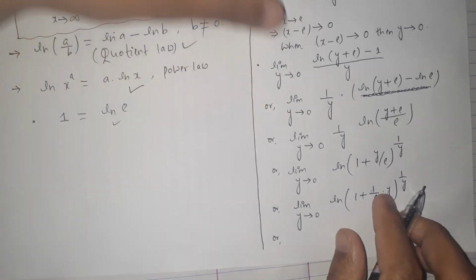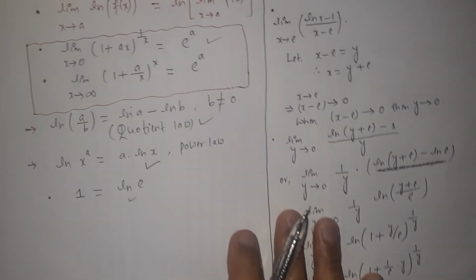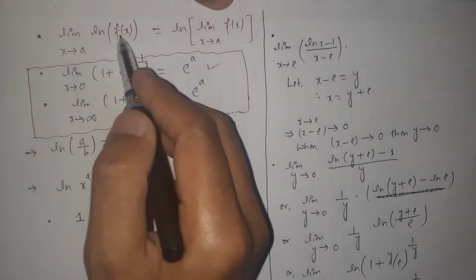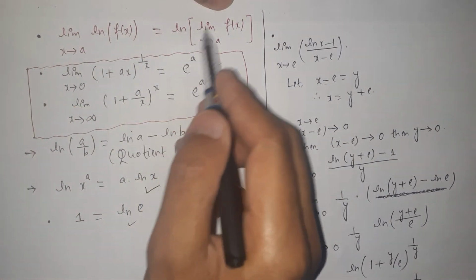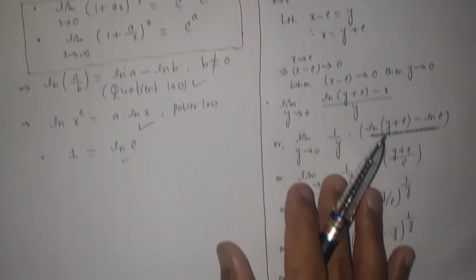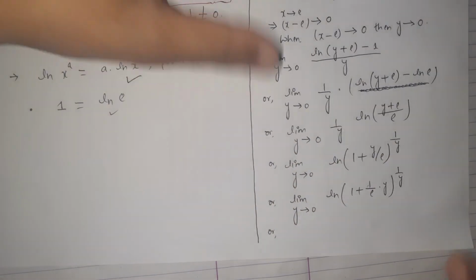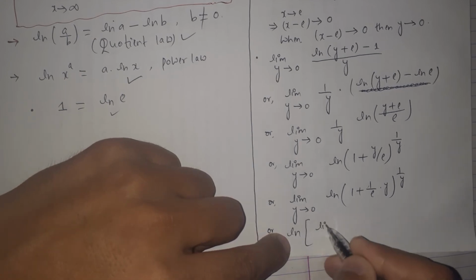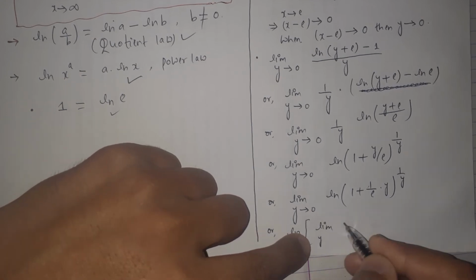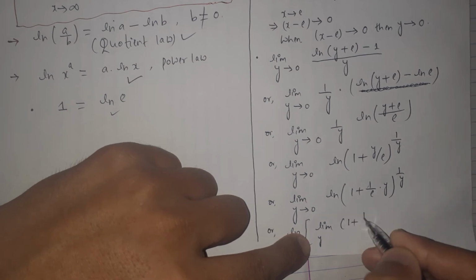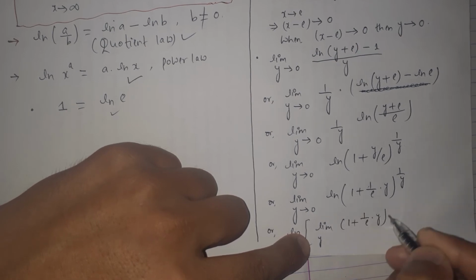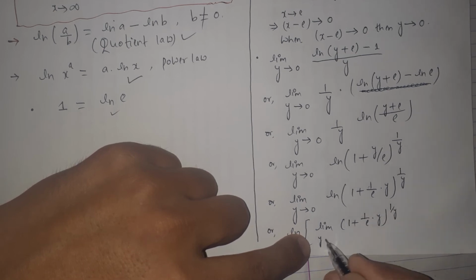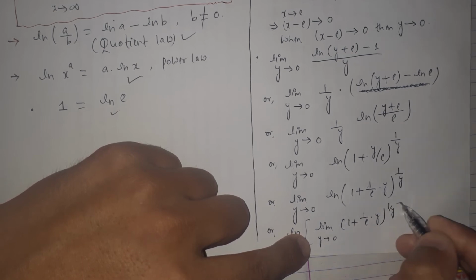Here we use the first property we discussed: the limit of the logarithm function can be introduced inside the function. Using that property, this can be written as ln of the limit of the function 1 plus 1 over e times y, to the power 1 over y, when y approaches 0.